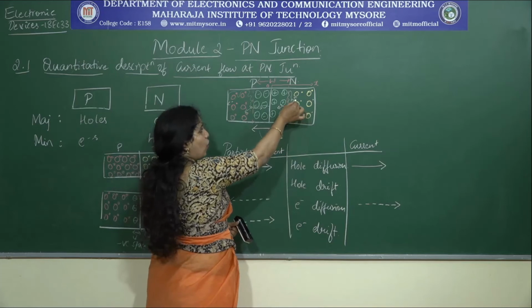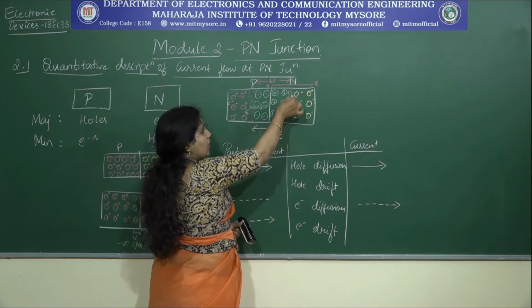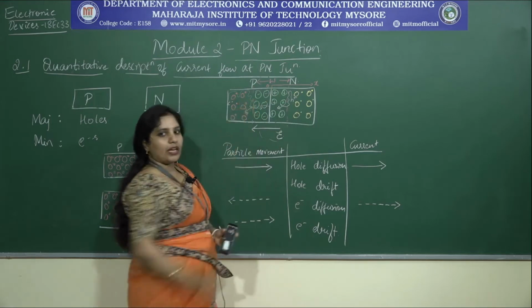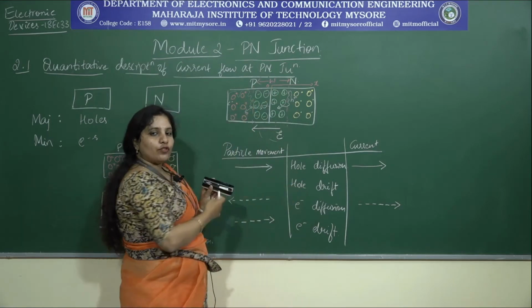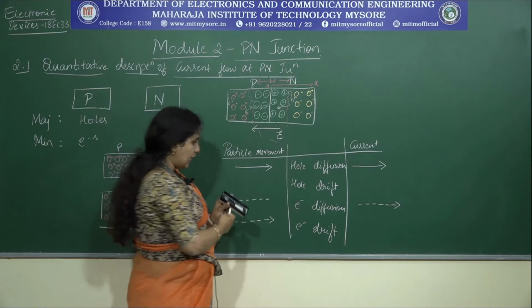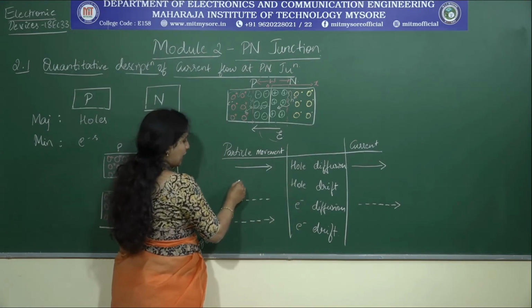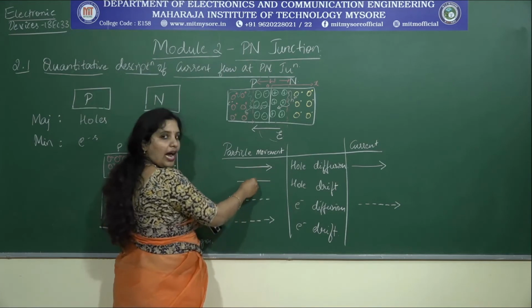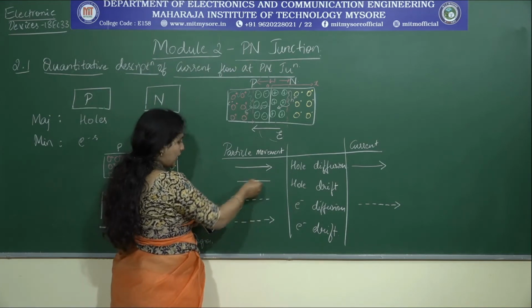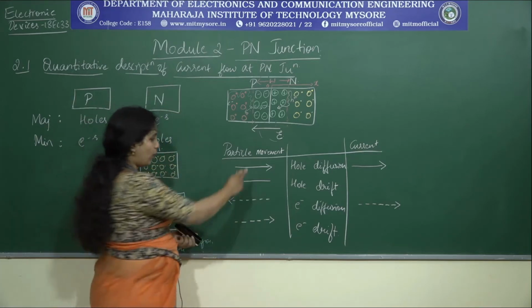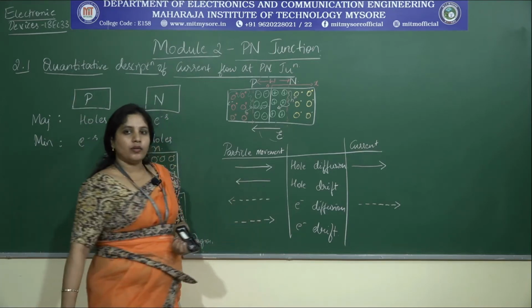So the hole, the minority carrier, gets drifted from the n-type material to the p-type material. Hence the direction has to be towards the left hand side. To represent this, let me consider the solid line for the hole and dotted lines for the electrons, and the direction of drifting is towards the left hand side. I hope all of you are clear with these directions, right?